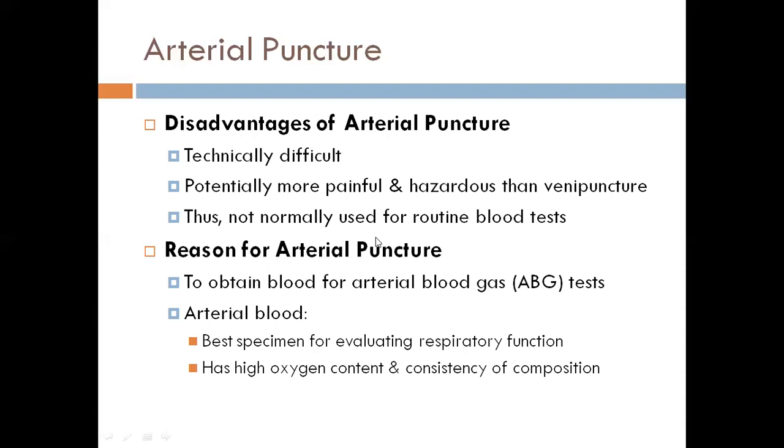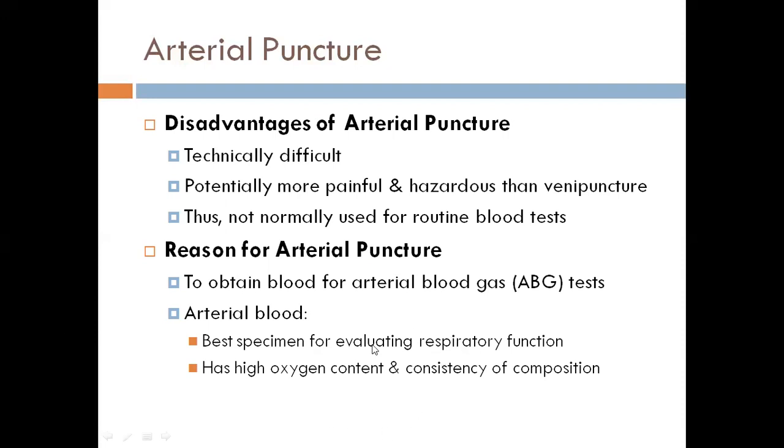Thus, it's not normally used for routine blood tests. Though, as I said earlier, its composition is more consistent throughout the body, still the specimen of choice in routine blood testing is venous blood rather than arterial blood.